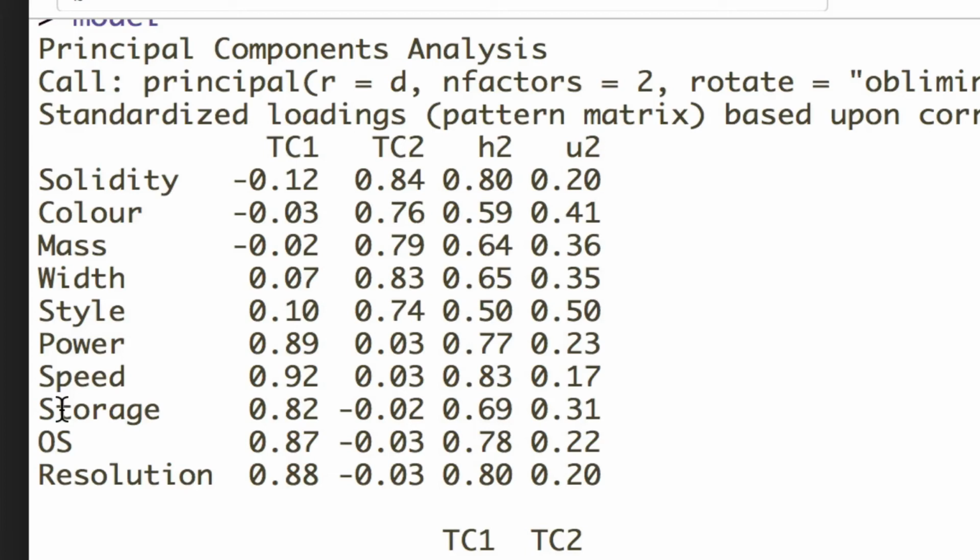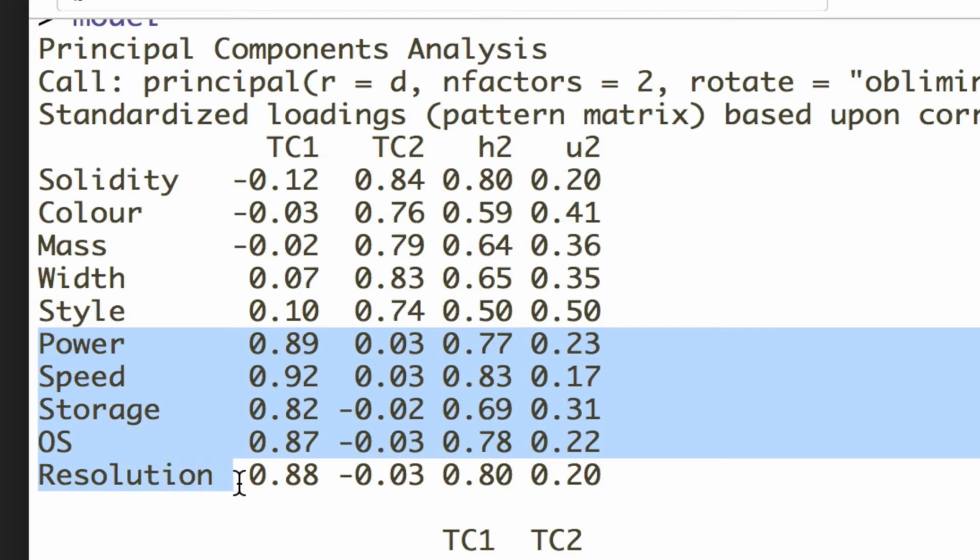So that would suggest that again there's 2 factors, and if we look at the variables that load strongly onto component 1, for example, they're these variables. So we need to look at what differentiates power, speed, storage, OS, and resolution from the other variables such that they represent a different dimension.